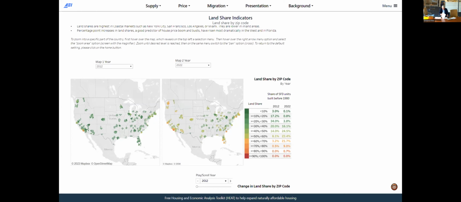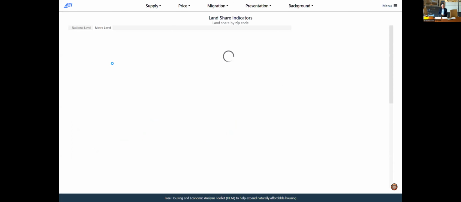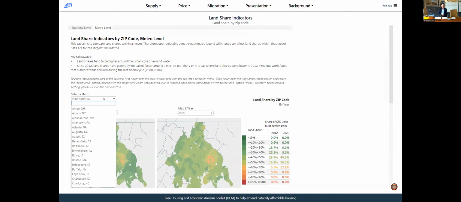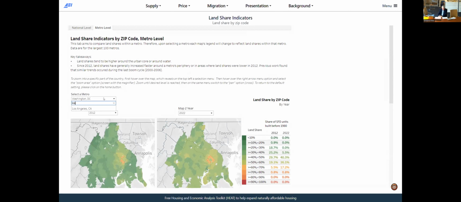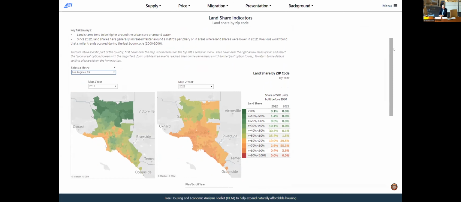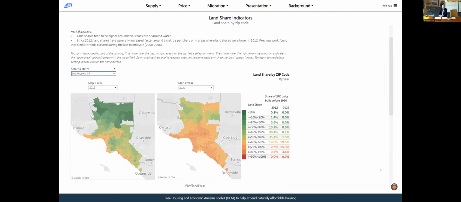And if you shift to LA, you'll see that LA had a lot of orange even back in 2012, except in the northern areas and some of the western, eastern areas.